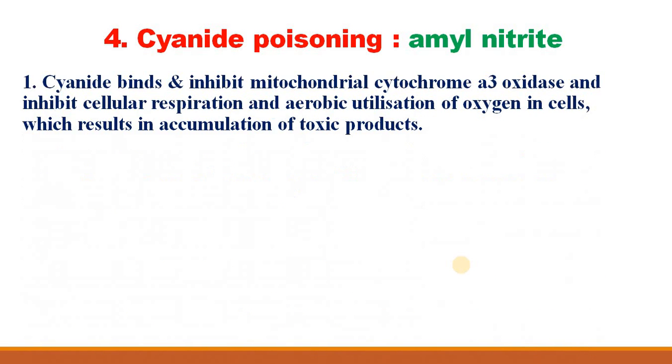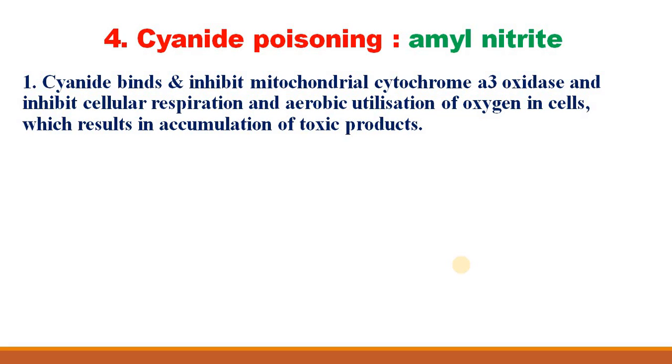So we will see what happens in cyanide poisoning. Cyanide has a pretty good affinity for heavy metals, so it will bind to the ferric ion. Cyanide binds and inhibits the mitochondrial cytochrome a3 oxidase.